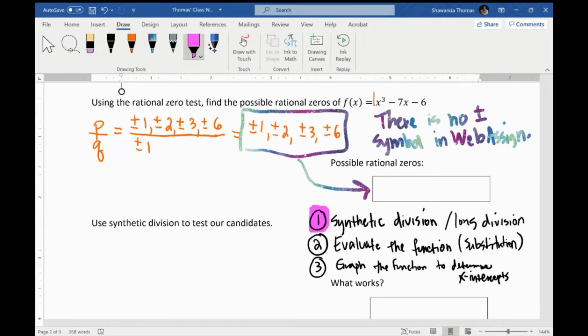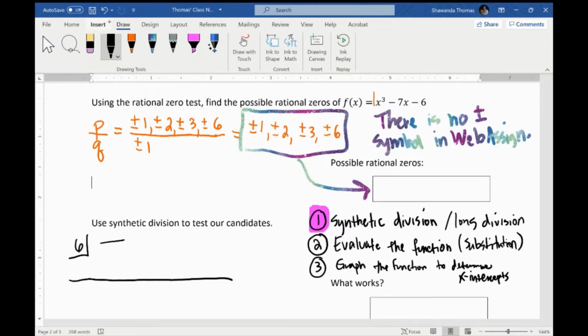All right. Now, synthetic division. We have 8 possibilities. Let's guess at what we think will work. What number out of the 8 possibilities that we have right here do you want to try? It doesn't have to work. We're just trying it. 6. All right. Let's try 6 in our little box over here. Be careful.